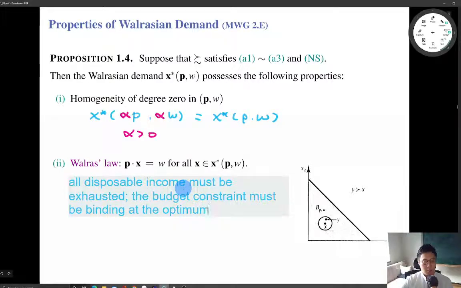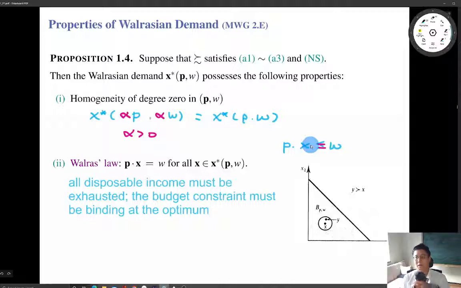The original budget constraint was the inequality p dot x less than or equal to w. But if x is chosen as an optimal bundle, the Walrasian demand, then the inequality becomes equality. So the budget constraint holds with an equality. We usually say the given constraint is binding in this case.